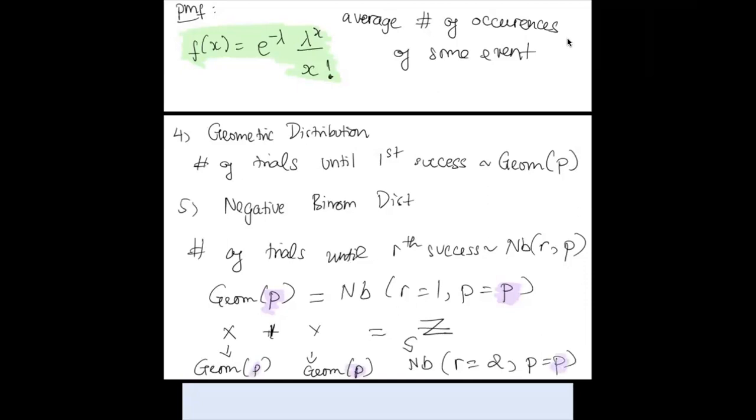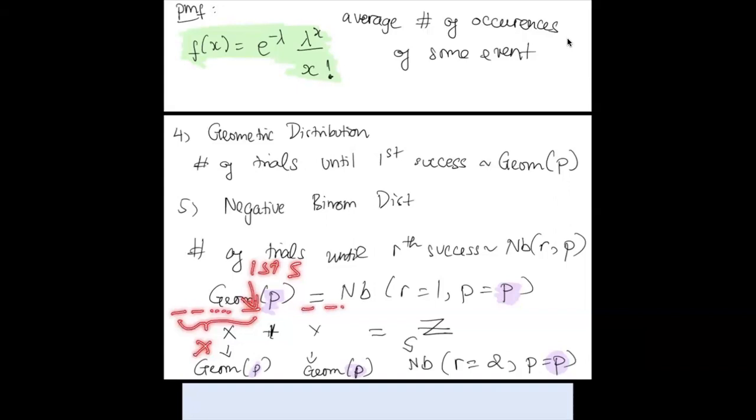Why is that? Because if we think about it, X denotes the number of trials until the first success. So we have a bunch of trials until there is a first success. And we denote the number of trials here by X.